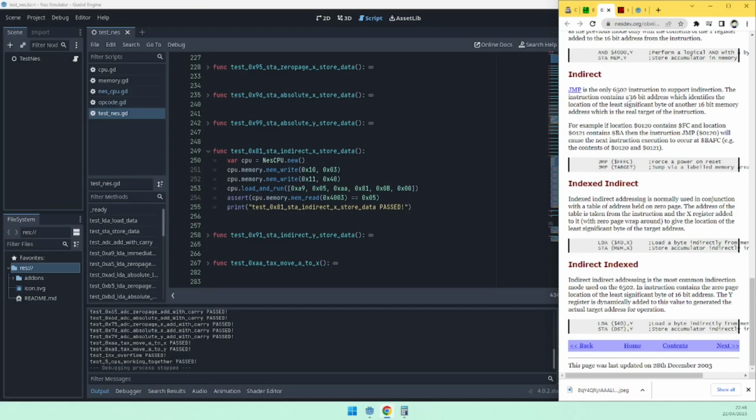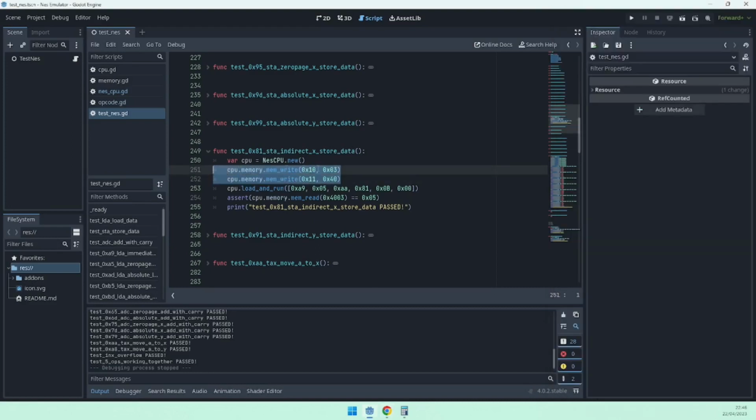The instruction contains a 16-bit address which identifies the location of the least significant byte of another 16-bit memory address, which is the real target of the instruction. Oh, okay, so we need two values of memory.